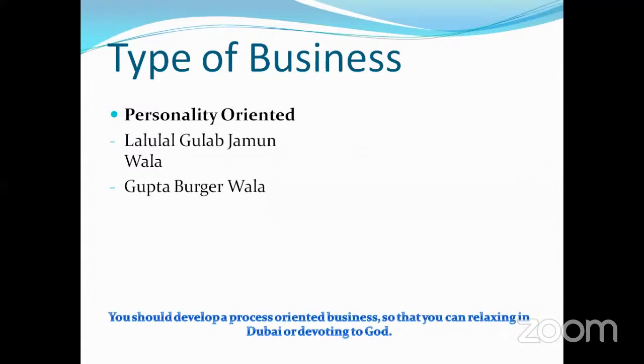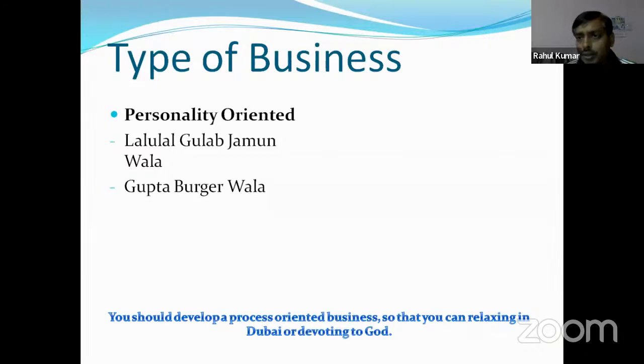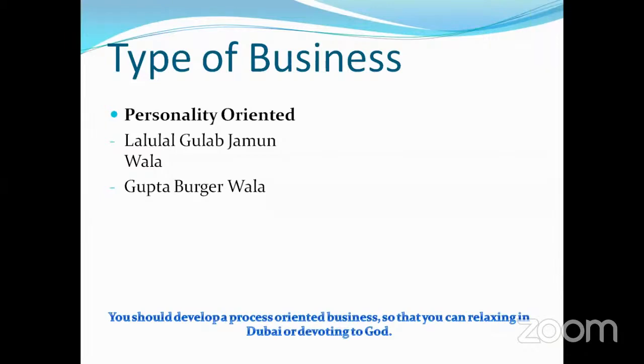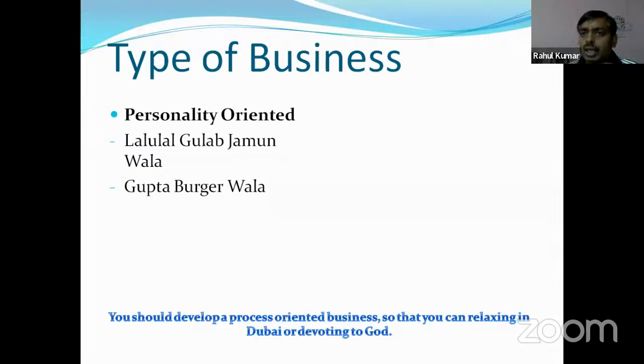In the same way, Gupta Burger Wala: if Gupta is there, then the taste and the quality of the burger and everything is fine and perfect. And if for 1 hour or half an hour Gupta is not there, the burger quality is going to deteriorate. So those kinds of businesses are termed personality oriented. The customers are reaching their point because of their personality, because of their name, that is Lallu Lal and Gupta.